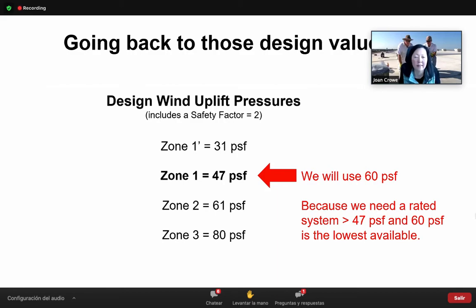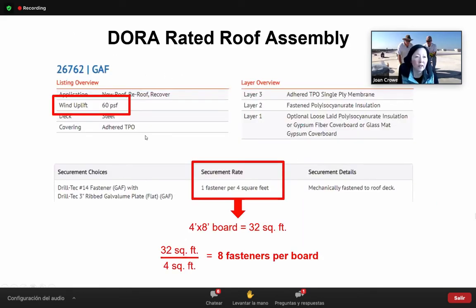So let's go back to the design values I came up with. So it looks like we're going to be using 60 because 60 is greater than 47 pounds per square foot, and 60 is the lowest we can go with, right? So here's where we end up. So I selected one of GAF's assemblies, 26762. But basically, as you can see, the wind uplift is 60 pounds per square foot.